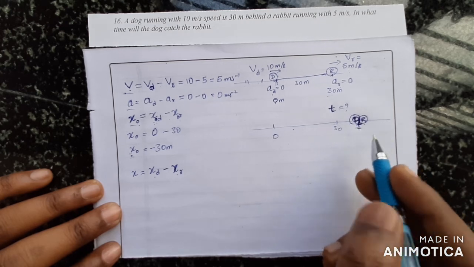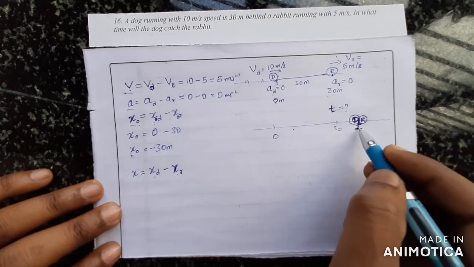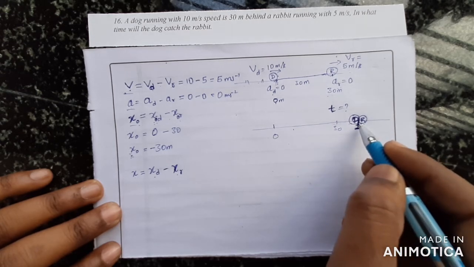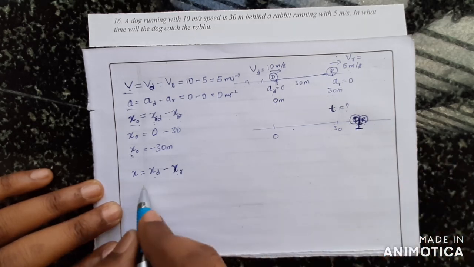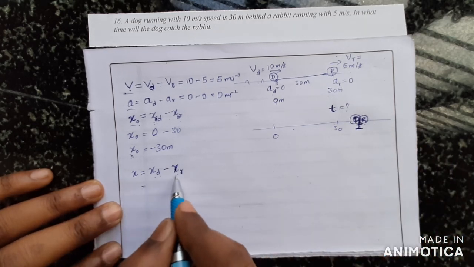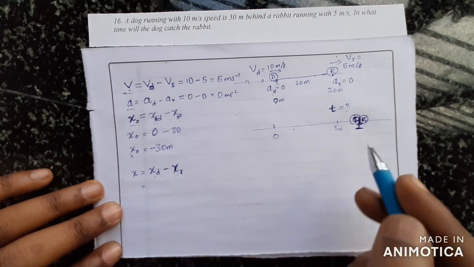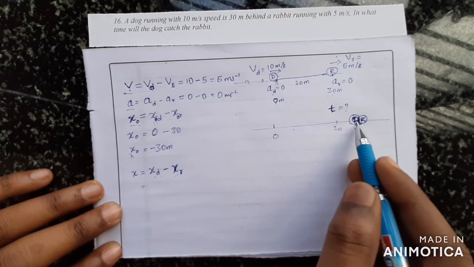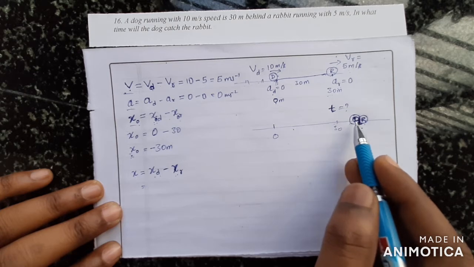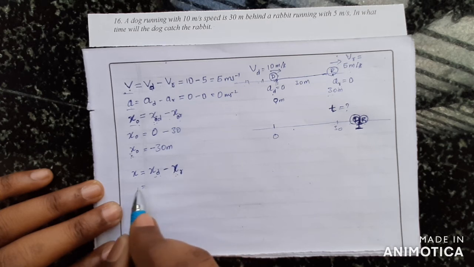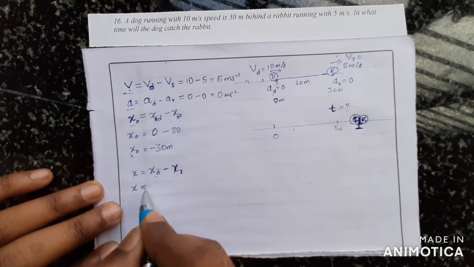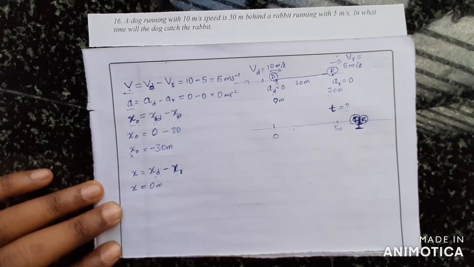When they are in the same place, position of the dog and position of the rabbit are same. So xd is equal to xr. Final position of rabbit and final position of dog is one and the same. So since they are same, these terms will get cancelled, and hence x becomes equal to 0 meter final position.